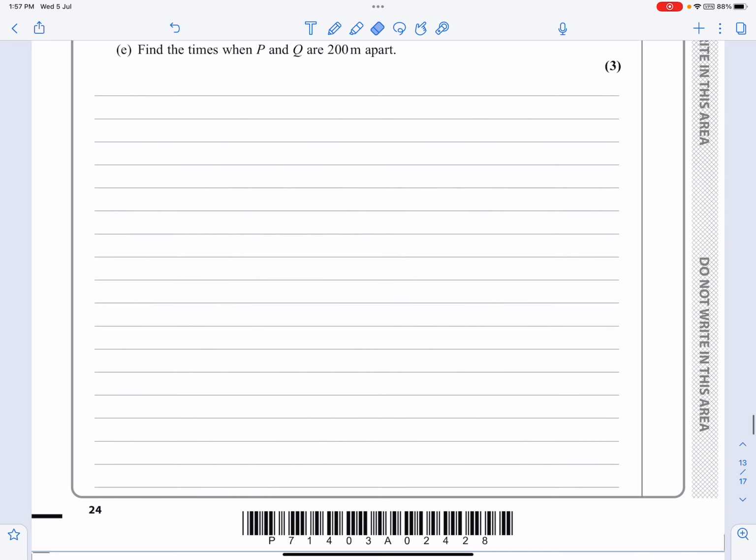I'm going to use a quick diagram just to help me with this one. Now, I don't need this at the moment, but P is just travelling at 15i, that's fine.